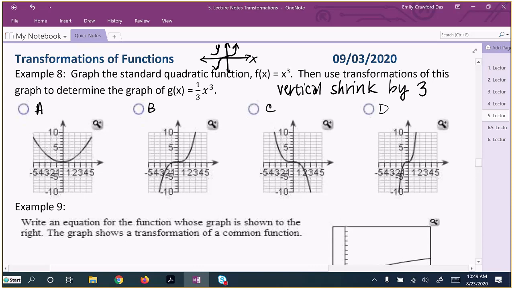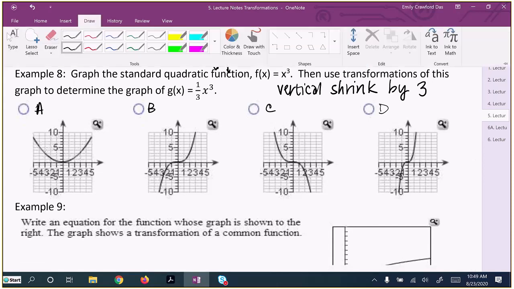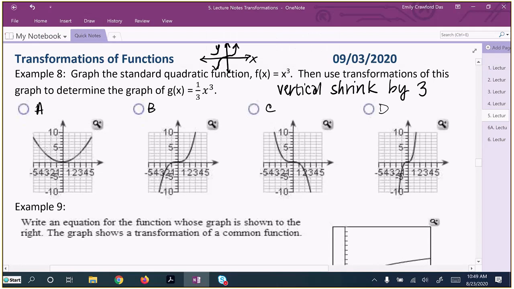Okay, then I look at my parent graph. What does it mean, vertical shrink? Well, that means I should be getting shorter and kind of wider. Still maintaining the S shape, but becoming shorter and wider.